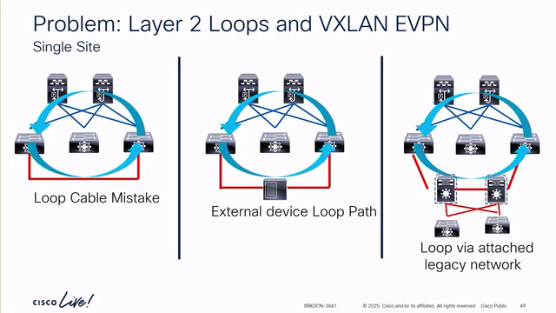Then we have external device loop path. Now, by the way, this could be by intention. The first example was maybe unintentional, but the second example could be by design. We may have a bridged firewall, a transparent firewall, or someone connects some other layer 2 switches to the VTEPs, and then what happens? You have a possibility of having a loop path, right?